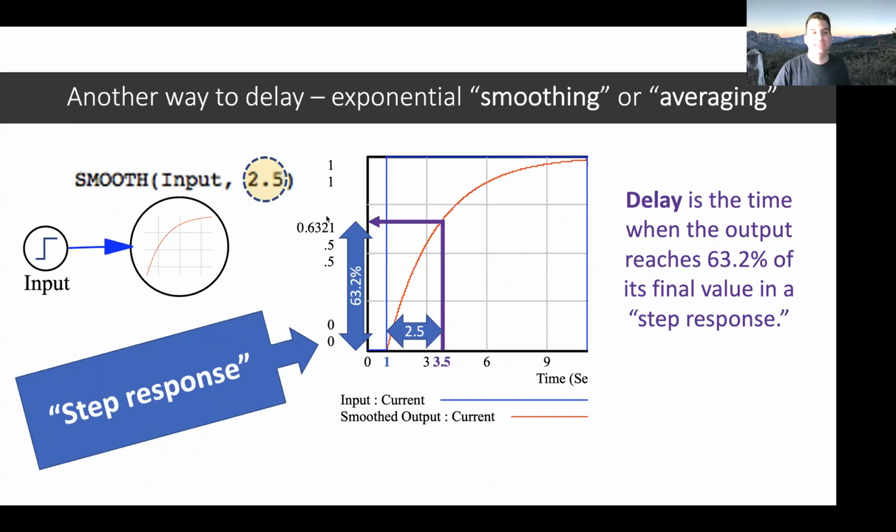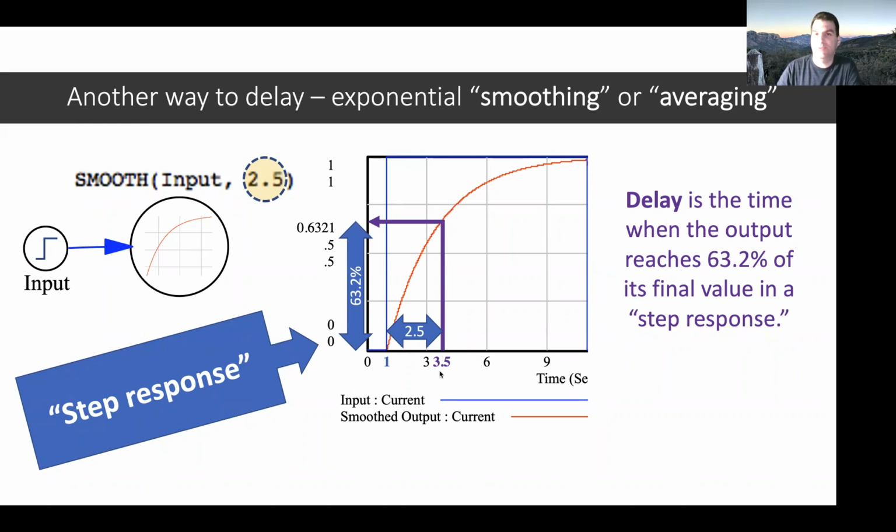We've already talked about this. It's that magical time constant, which is the 63.2% level. You know what the final level is, then you find 63.2% of the final level. At what time did the response reach that level? In this case, it was 2.5 seconds after the step.